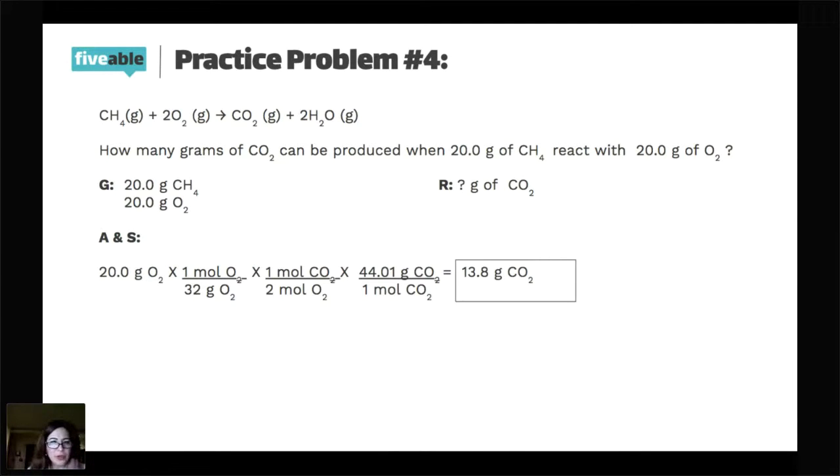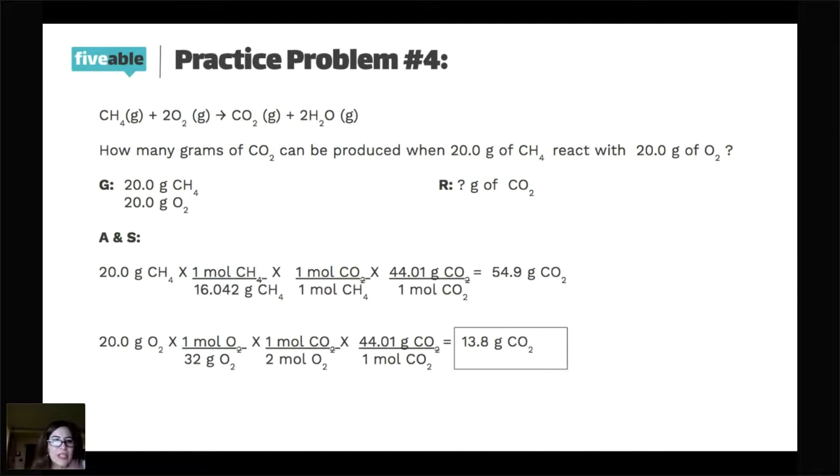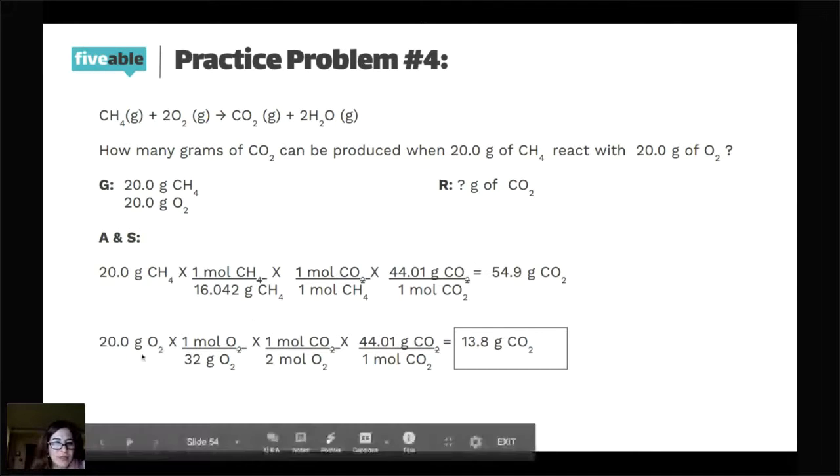Another way to do these problems is to continue both processes until the end, to change grams of methane all the way to grams of carbon dioxide, and to change grams of oxygen all the way to carbon dioxide as well. And then you check the two products, and you would choose the smaller amount.